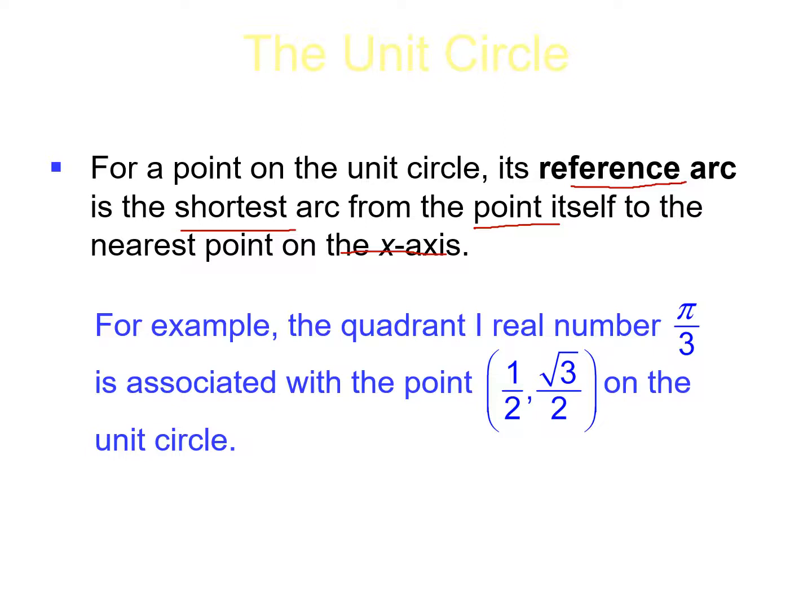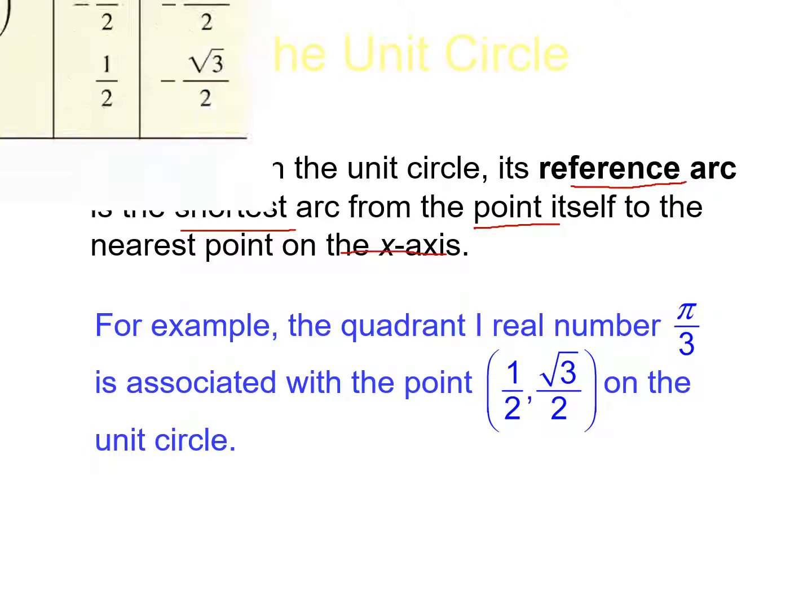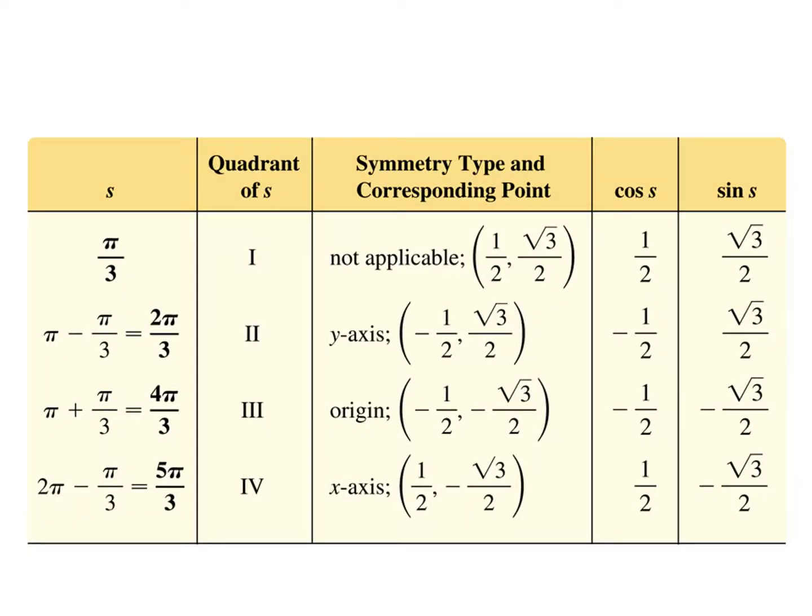So, in quadrant 1, the real number pi over 3 is associated with the point (1/2, square root of 3 over 2) on the unit circle. This is my S here, pi over 3, in the first quadrant. It corresponds to the point (1/2, square root of 3 over 2).